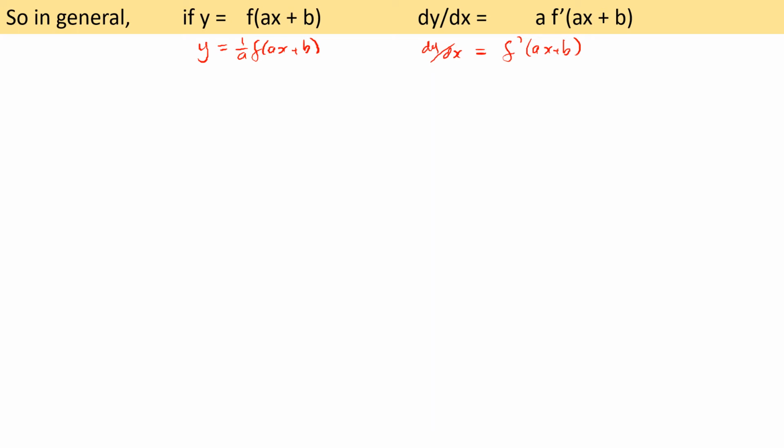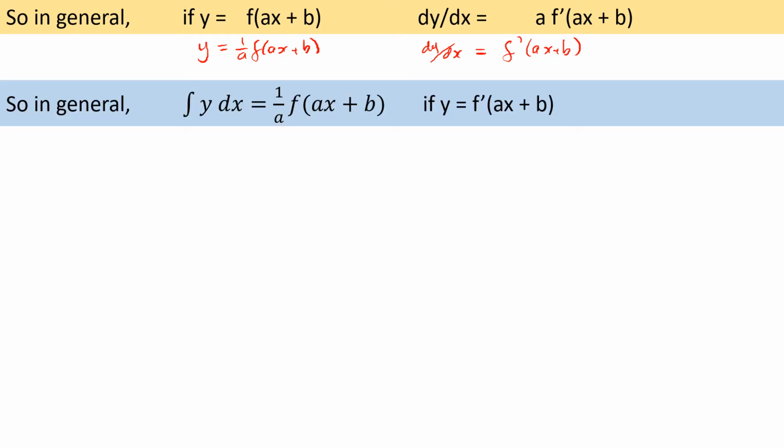All we've done is multiply them both by 1 over a, and multiplying by constants does not change anything to do with the actual differentiation. We can take that out as a factor. So if the first statement is true, then the second statement is true, and then we can make this third statement by integrating the whole thing. So if this differentiates to there, then this must integrate to here.